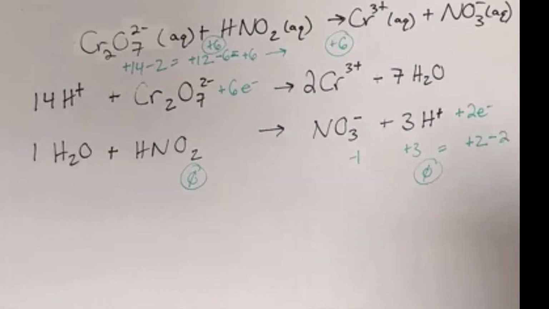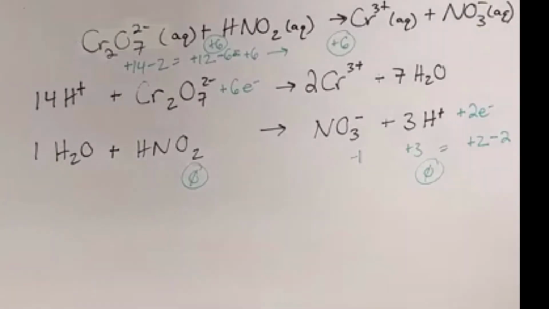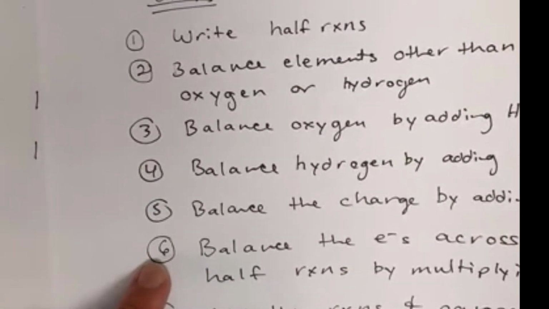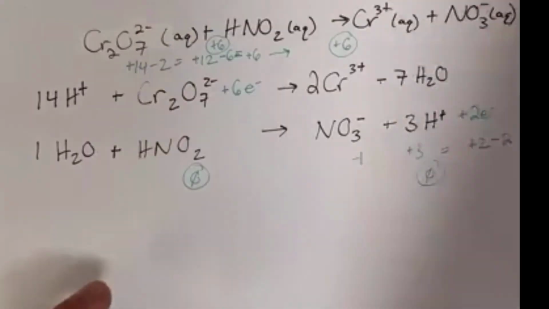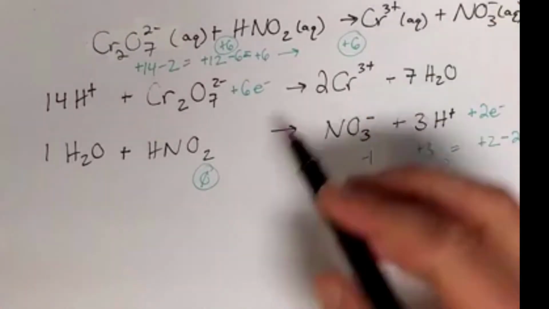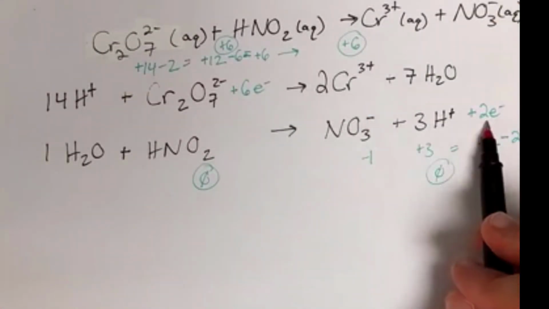But wait, there's more. So let me switch to a different color. How about red? Alright, so we're not entirely there yet because the next step now says to balance the electrons across the half reactions by multiplying. So this is the same step we did on our simpler half reactions. So there's 6 electrons here and there's 2 electrons here. So how do I get to have 6 electrons in this bottom one?